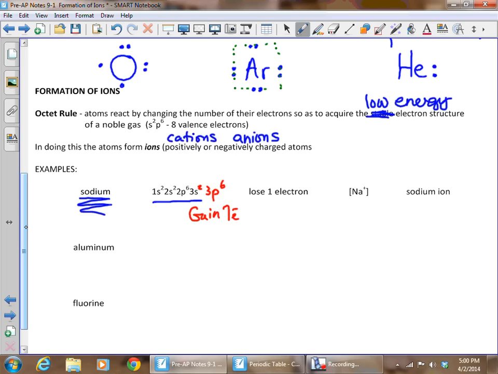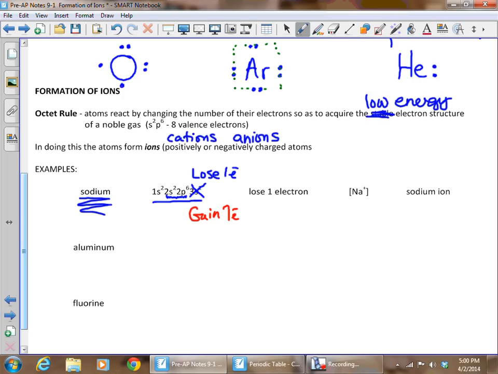But think about it. We could also get to that same full electron shell state by getting rid of that 3s1 electron. If we lose that 1 electron, we would end up with a 2s2, 2p6 configuration. It's the 2nd energy level, but it's full, and that would be a lower energy state itself.